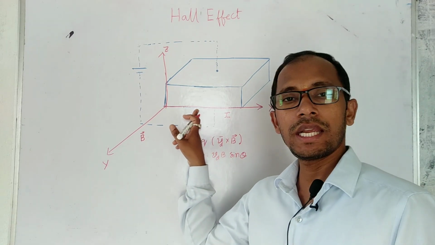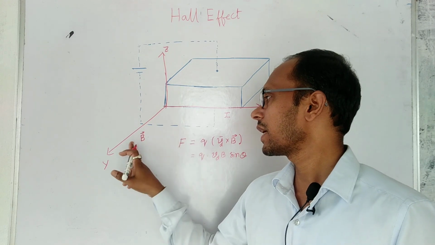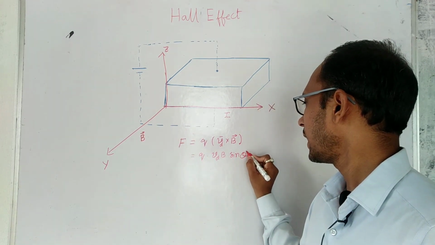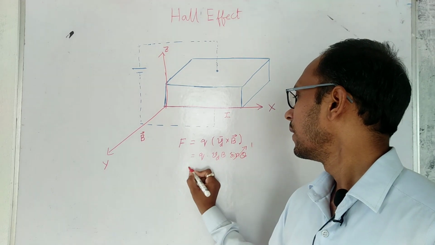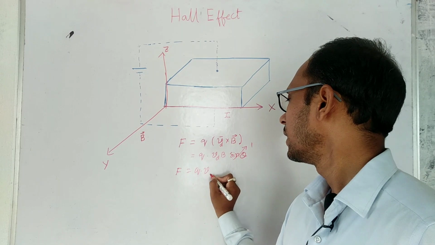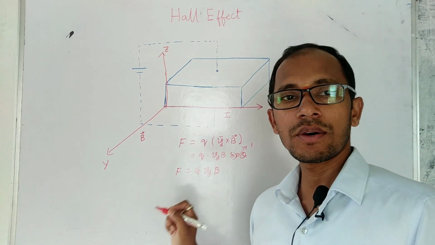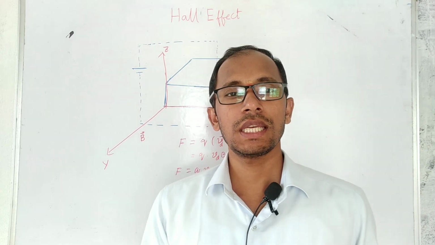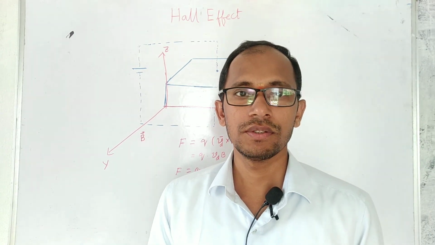Here the direction of the current and the magnetic field are perpendicular, so sin theta is 90 degrees and this becomes 1. Then the force acting on the charge carrier is Q Vd B.